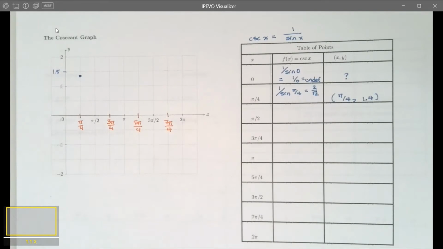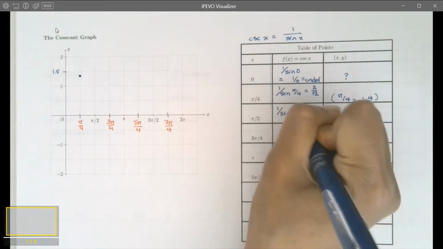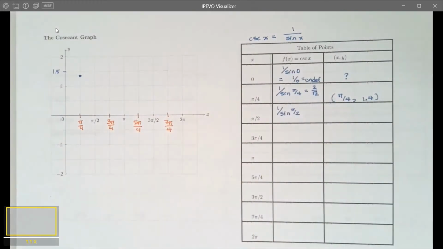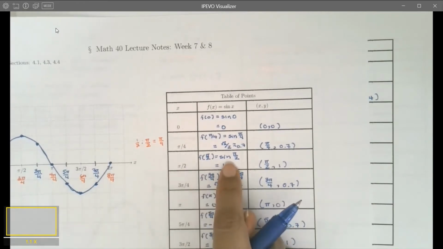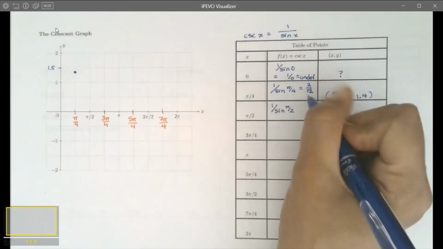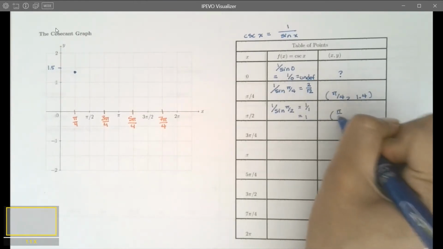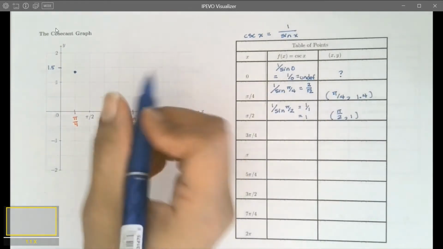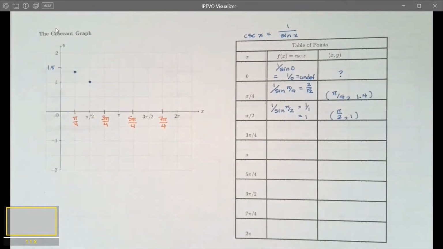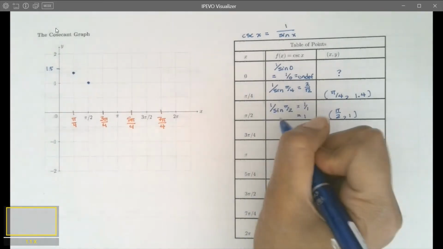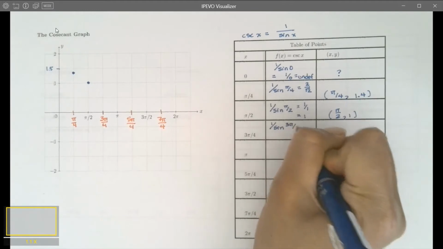Okay, then what happens at pi over 2? Well, then we have 1 over sine of pi over 2, and sine of pi over 2 is 1, so here we simply have 1 over 1, which is 1. Okay, so at pi over 2, we reach 1. Then at 3 pi over 4, again, we're considering 1 over sine of 3 pi over 4.